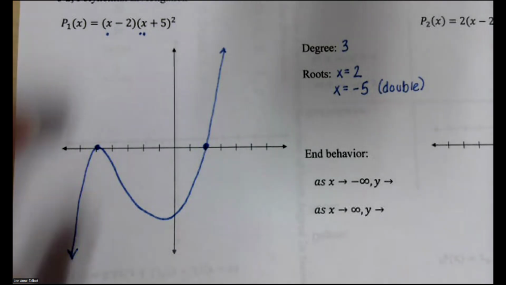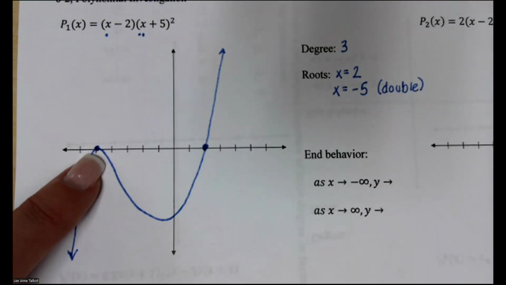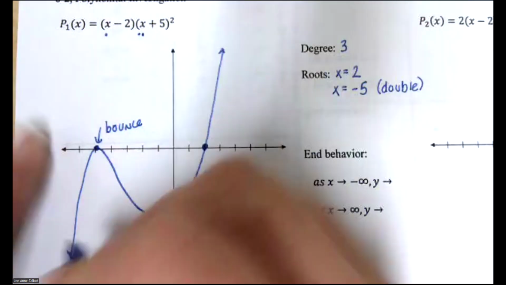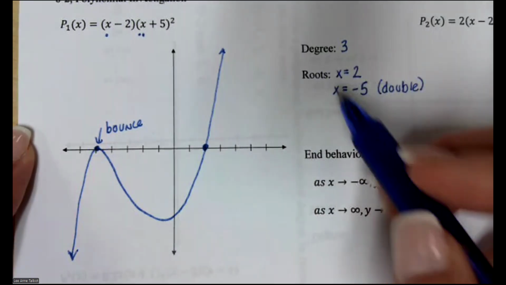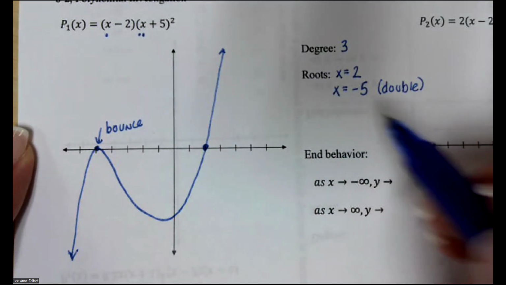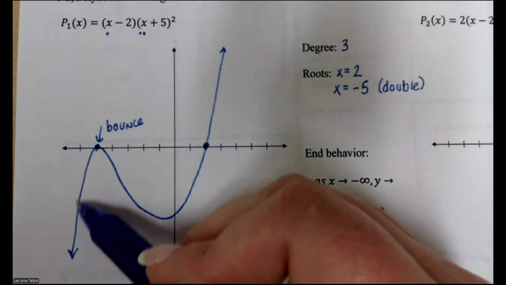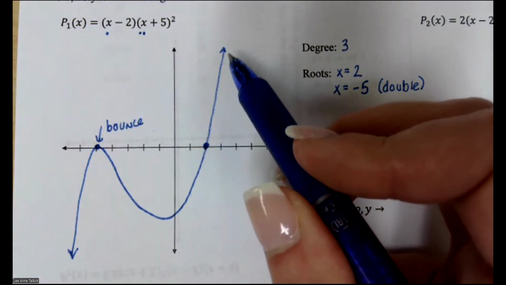Do you guys see what happened at -5? This is called a bounce. Think of the graph coming up and bouncing off of the x-axis, and that's what happens with a double root. A double root is a bounce off of the x-axis. So it actually counts for 2: 1 as you're approaching and 1 as you're leaving. And then it goes through.